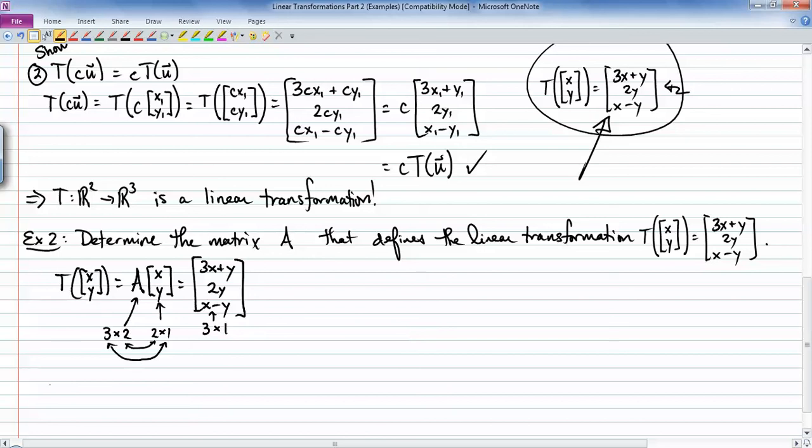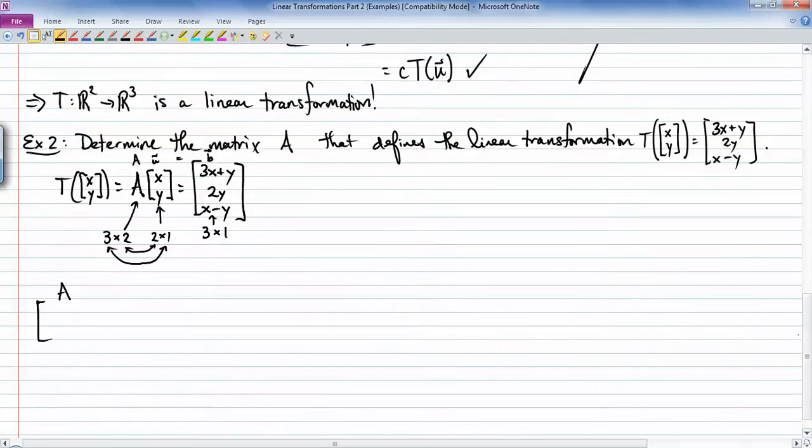So let's write it like this. I'll call this A, u equals b. So A is a 3 by 2: A11, A12, A21, A22, A31, A32.